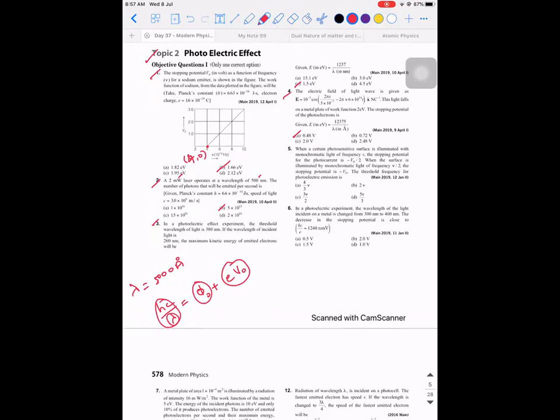Work function is given as 2 electron volt. Calculate the value of V naught. How much are you getting? 0.48. Right? Yes, sir. So they've given you the energy as 12375 divided by lambda in terms of angstrom.